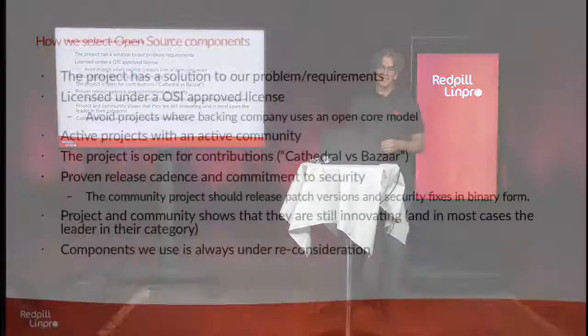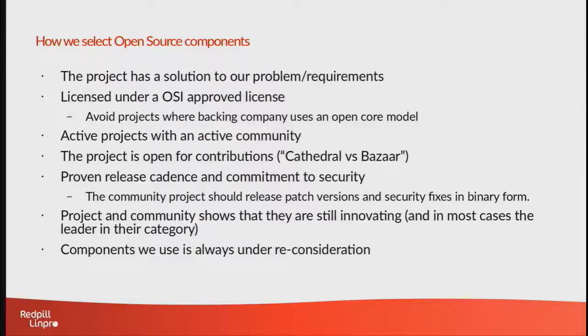Everything in the stack is open source components. When it comes to open source, it's very important for you to pick an open source project that is sustainable, that you know you can rely on. There is a lot of good open source, but there is also a lot of open source out there that is built and perhaps not governed, without a governance model around it. So when it comes to selecting components, we have some criteria.